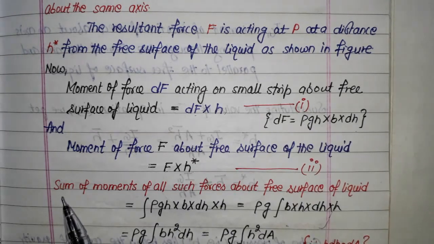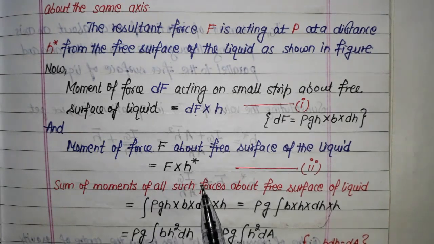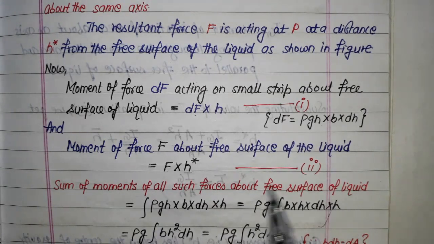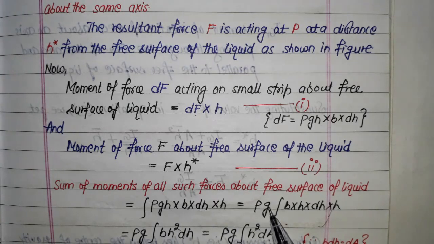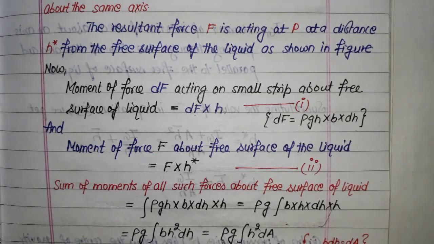Now for getting the sum of moments of all such forces about the free surface of liquid, integrate the moment of force dF, that is rho g h b dh into h. So rho g integration of b h square dh, because b dh is equal to dA, becomes rho g integration of h square dA.